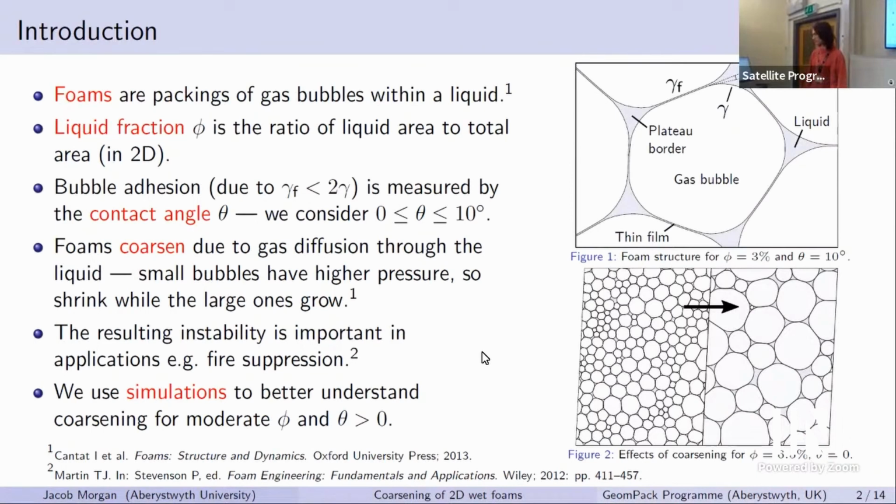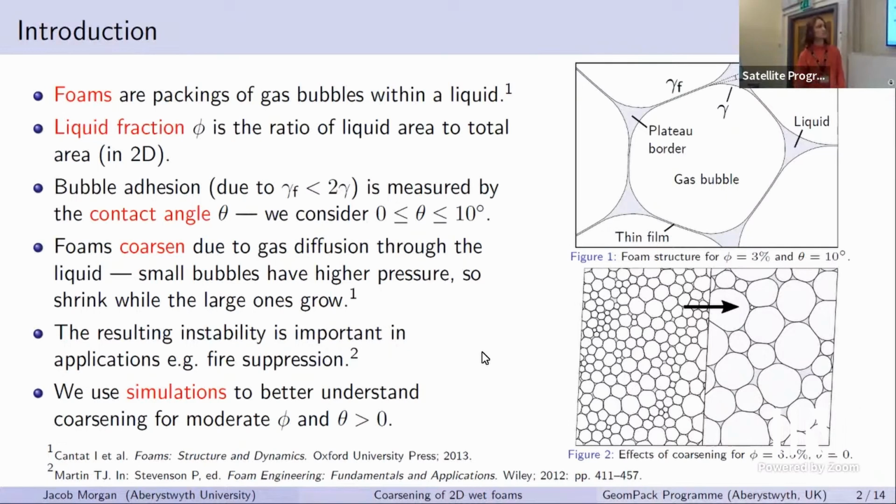And so, like towards the end of the previous talk, we consider a complication wherein the surface tension of a film is not necessarily twice the surface tension of an individual gas-liquid interface. The interaction of the surfactant layers on each interface is such that work is done in bringing the two interfaces together to form the film, and we consider the case where the film tension is lower as a result of that.